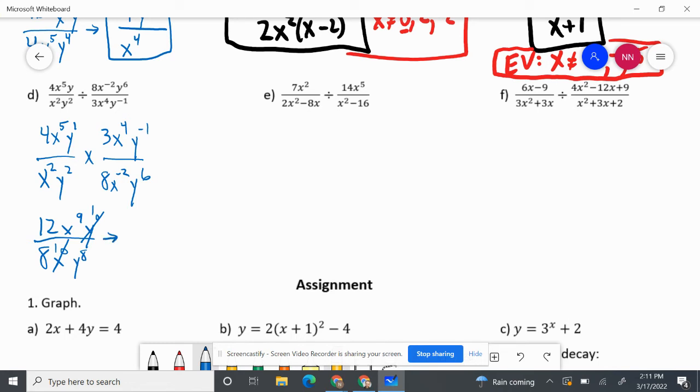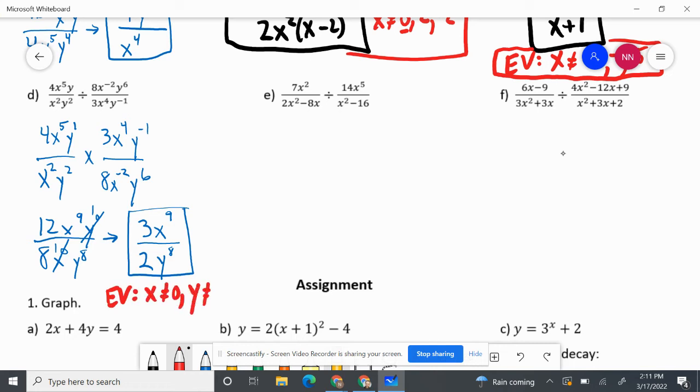Now, 12/8 reduces to 3/2, and that would be x to the 9th and y to the 8th. Now, excluded values: remember, monomials are always 0. So x cannot equal 0 and y cannot equal 0.